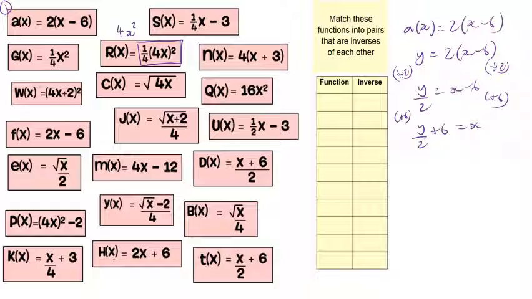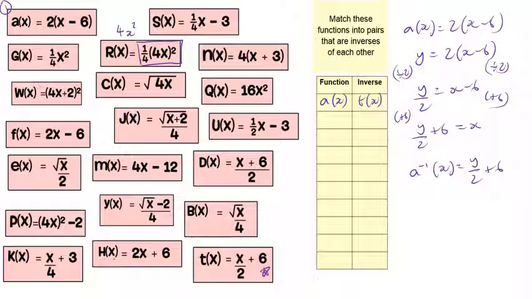So now we rewrite it using our notation. So it was a, we're to use this correct notation for our inverse function. It'd be this. And we're looking for one of our other answers here to match that. Yep, which is down here, which is t of x. So I'm just going to use the table here to show a of x and t of x are the inverse of each other.